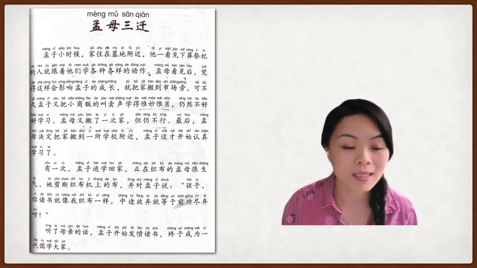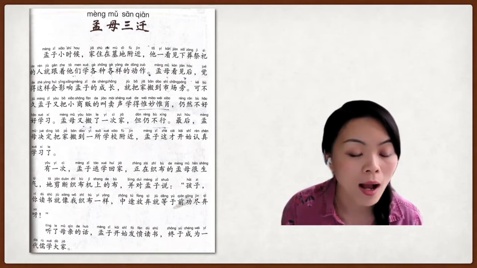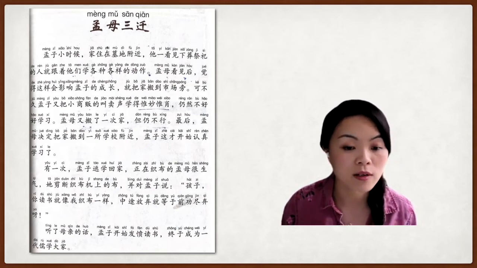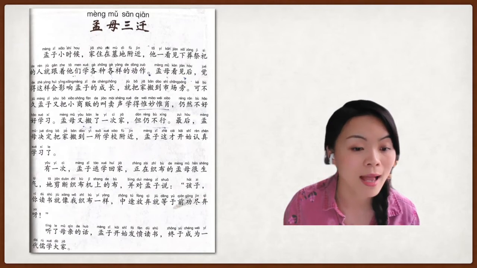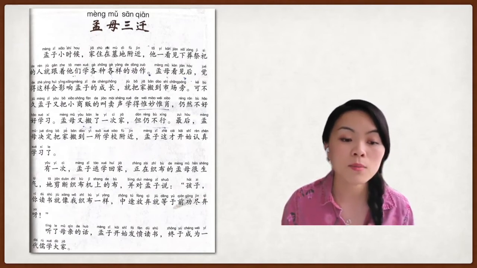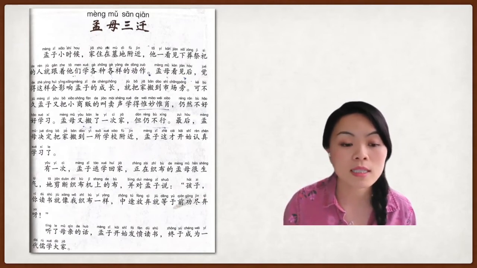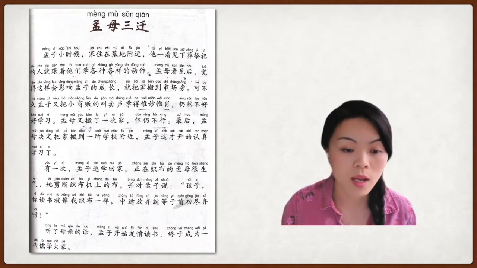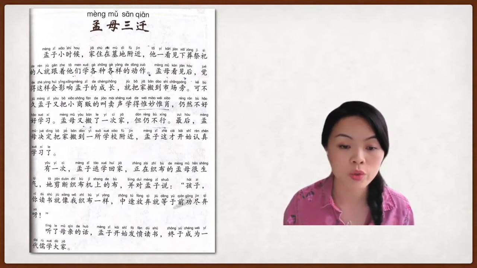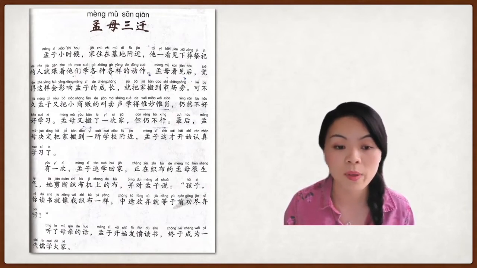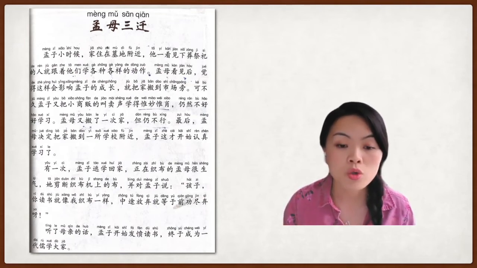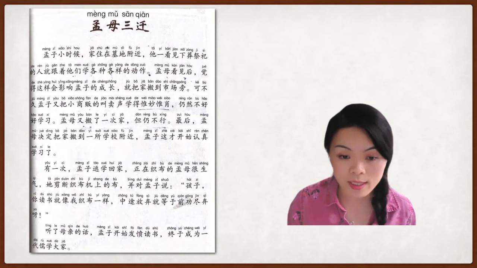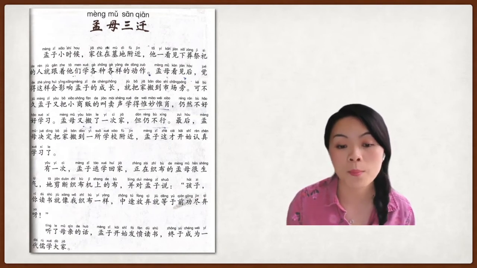听了母亲的话，孟子开始发奋读书，终于成为一代儒学大家。听了母亲的话, after listening to the mother's words, Mencius started to study hard. He became very diligent in education, in learning. 终于 eventually 成为 become.